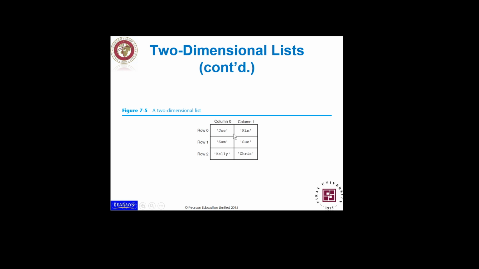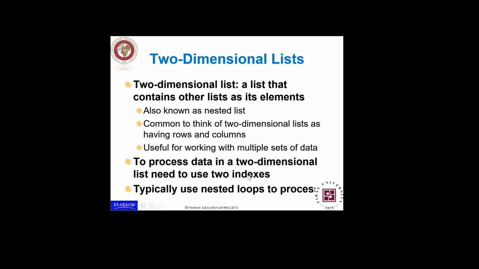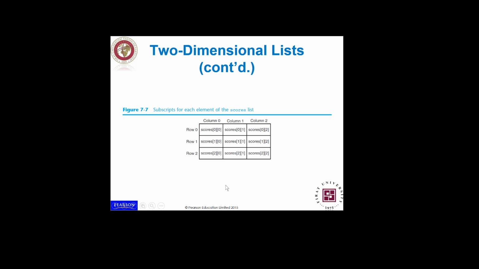These lists are represented by rows and columns. So this is the idea of a two-dimensional list. And we usually process such a representation of lists by nested loops. Let me show you. I have an example. We have these indexes that tell us which element is which. So for the first element, we have I0 and J0.